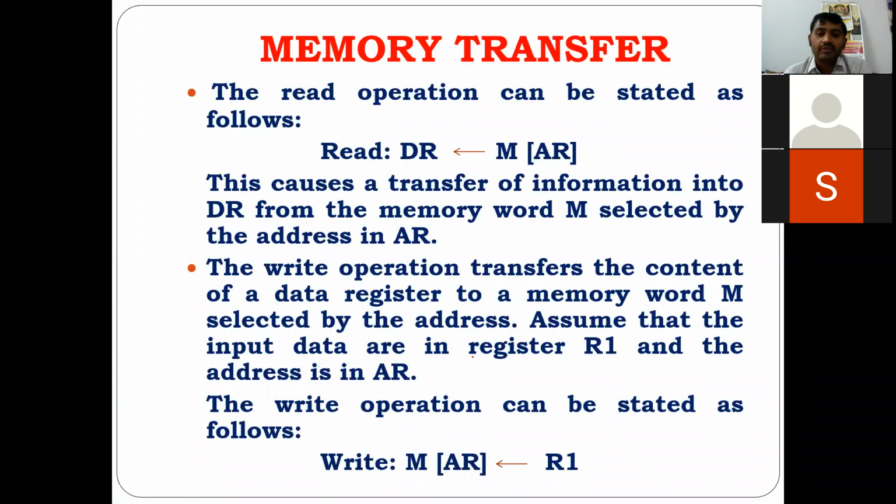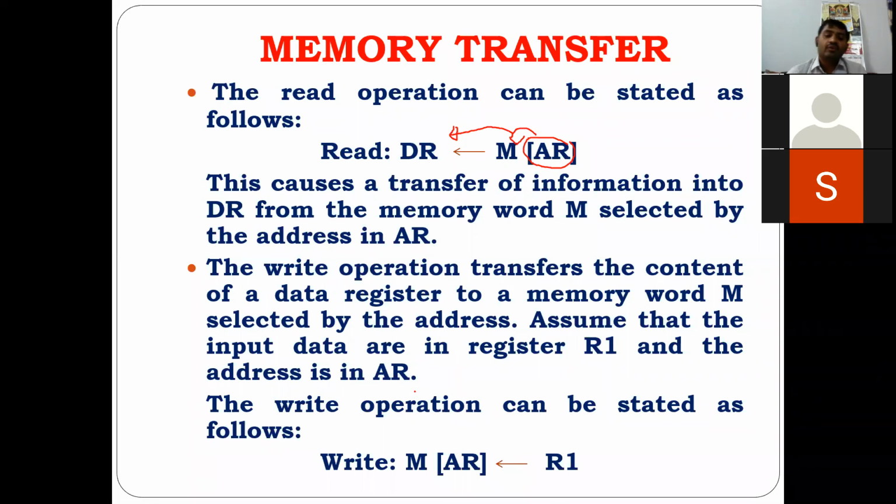So how we'll be looking into that is, suppose you need to read the data, then M of AR. So this M is some content, I'm taking it as a word, right? This word is at this location, at this address, and the content of this address location will be transferred onto the data register, right?